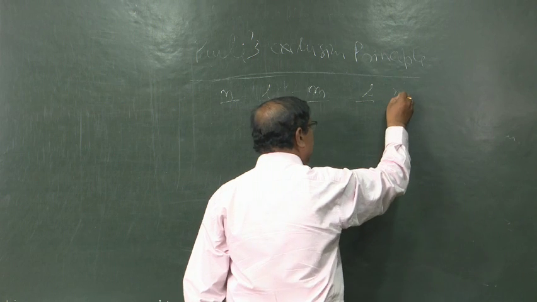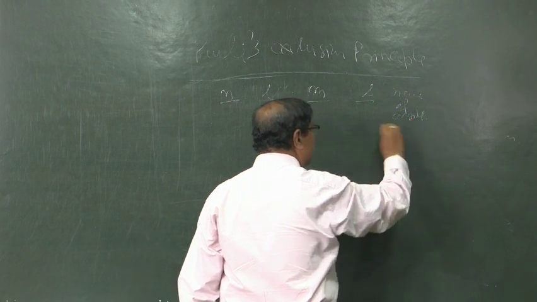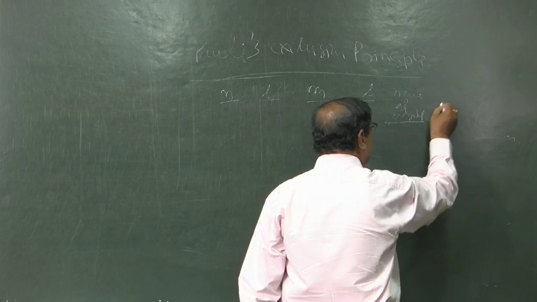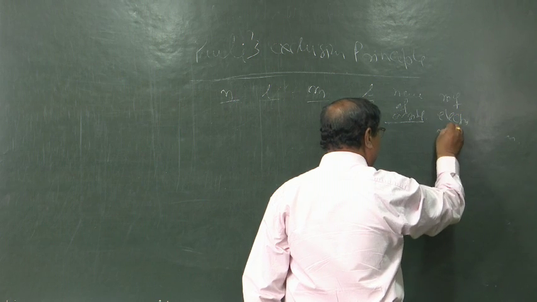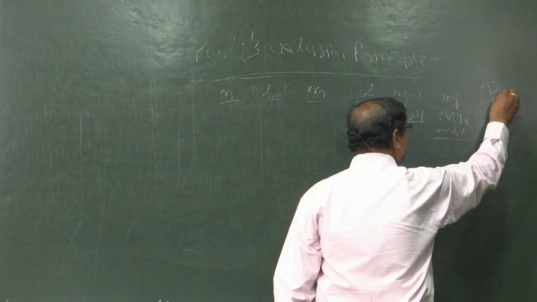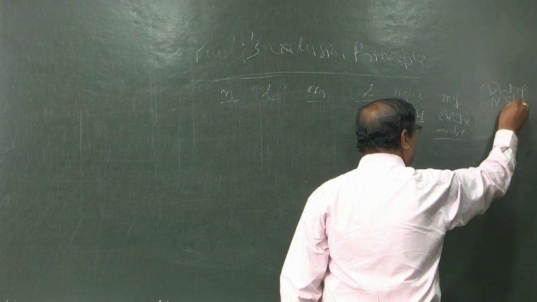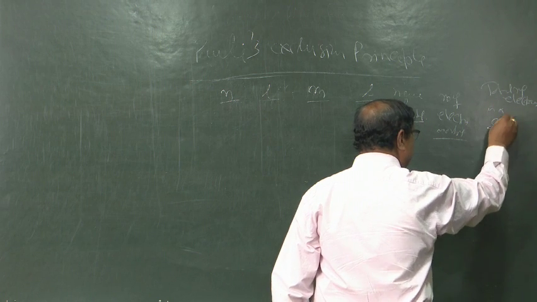This is the name of the orbital, number of electrons in the orbital, total number of electrons in a shell.